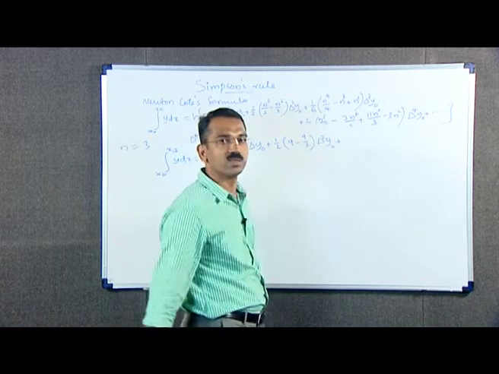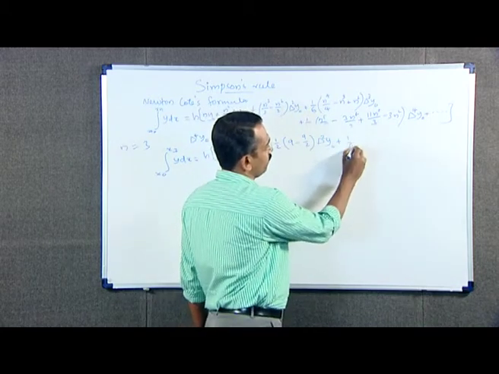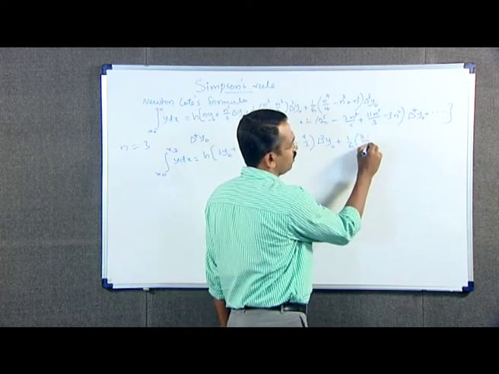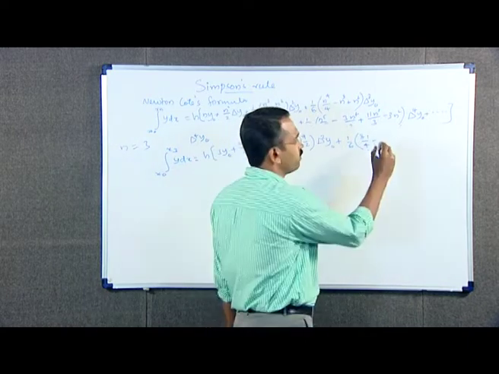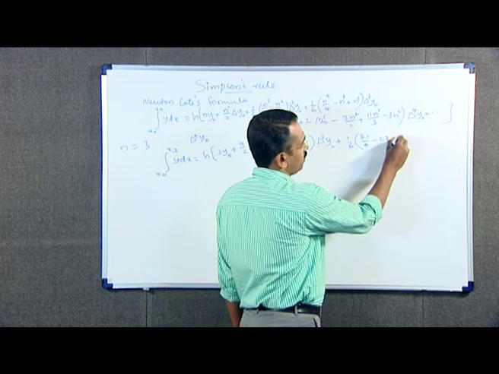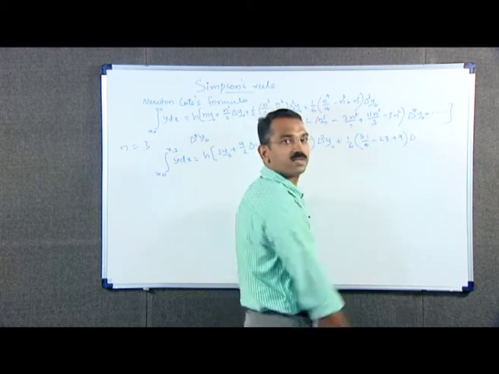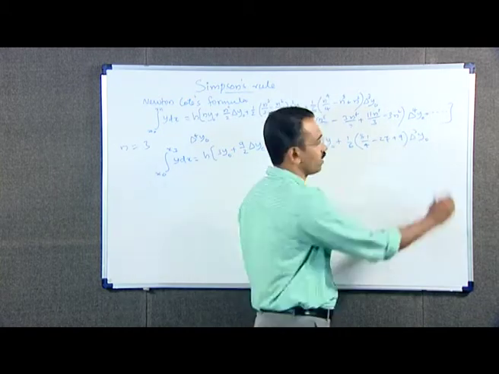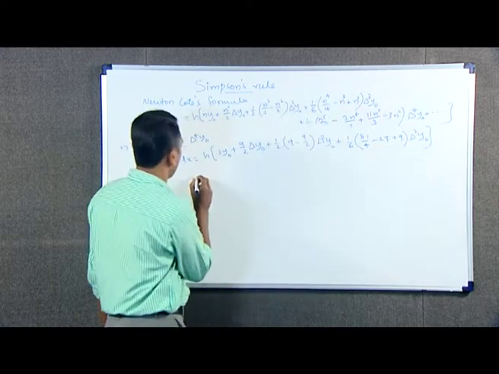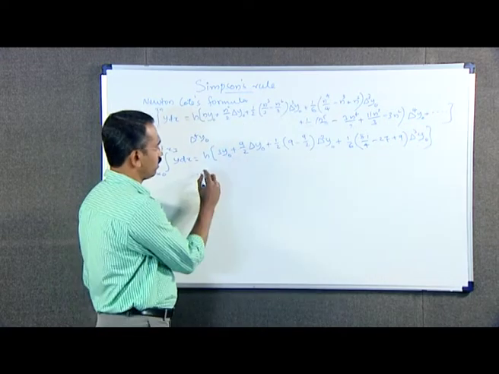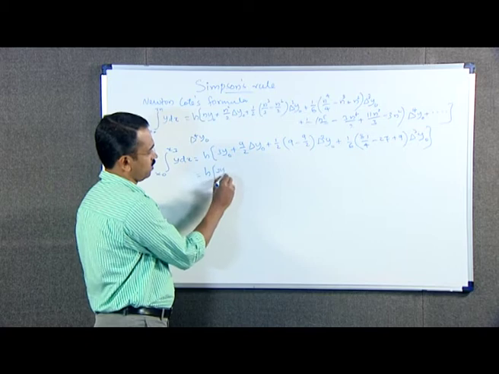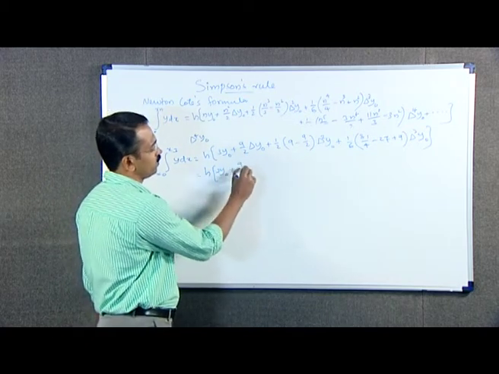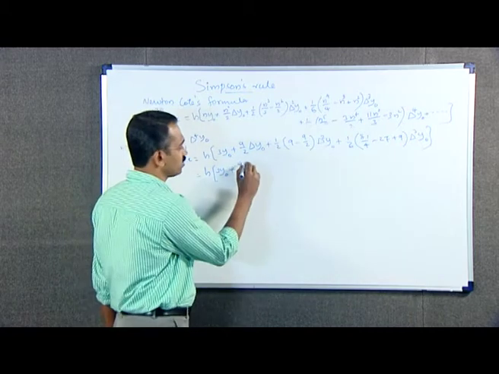plus the next term is 1 by 6 into 81 by 4 minus 27 plus 9 into delta cube y naught, which is equal to h into 3 y naught plus 9 by 2 into delta y naught.